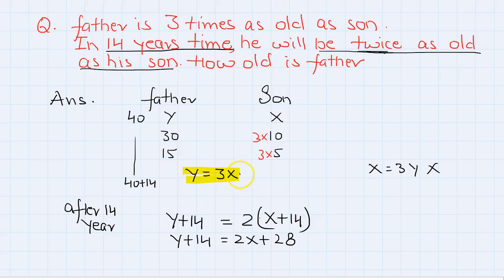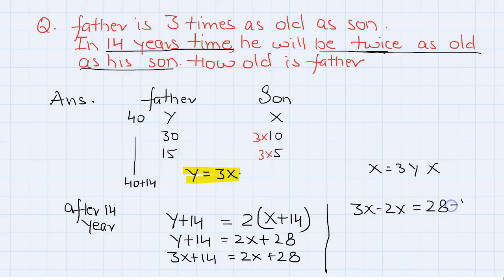But we know that y is equal to 3x. We have two variables here, y is equal to 3x. So we will write here 3x plus 14 is equal to 2x plus 28. 3x and 2x: so 3x minus 2x is equal to 28 minus 14.